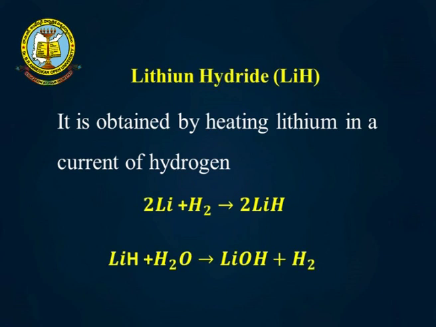Lithium hydride is generally obtained by heating lithium with hydrogen gas. So, 2 moles of lithium treated with hydrogen gas gives 2 moles of lithium hydride, and when this lithium hydride reacts with water, it forms lithium hydroxide and evolves hydrogen gas.